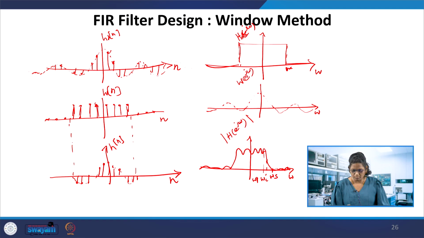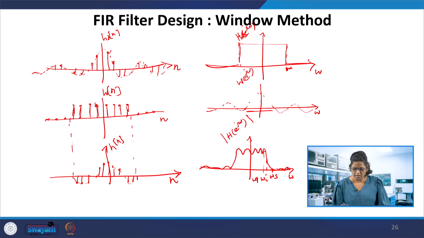Now the main lobe width depends on the number of samples here, and it also depends on the window function. If it is a rectangular function, or if it is another type of window, Hanning or Hamming, the main lobe width will be more and the side lobe smaller.